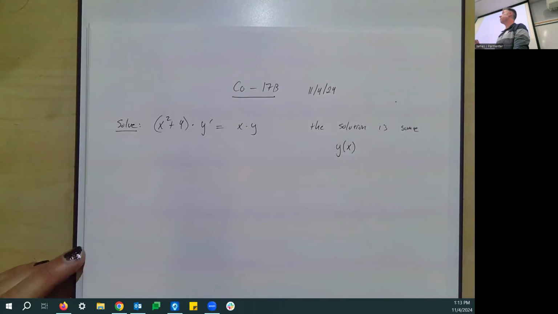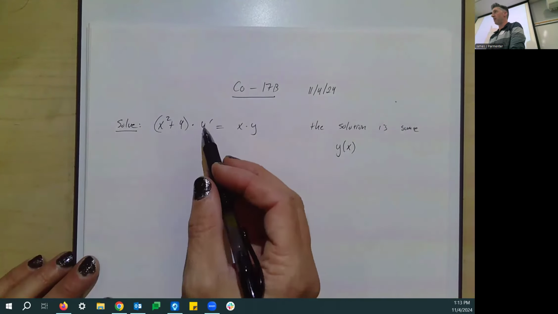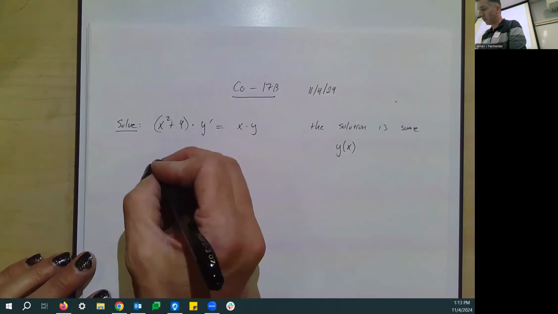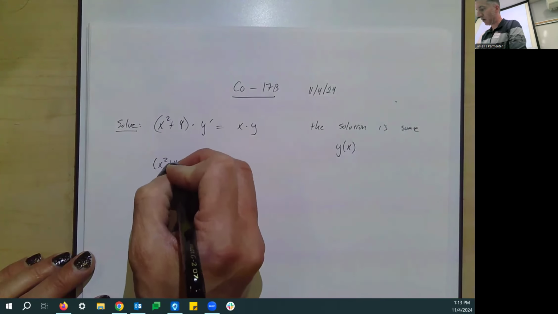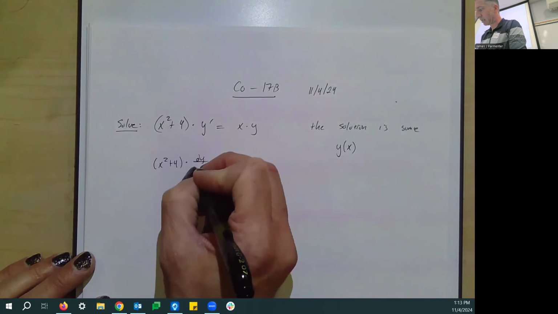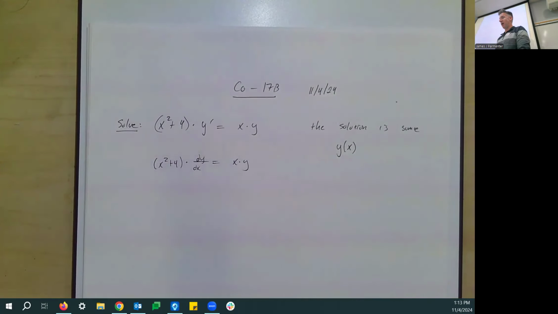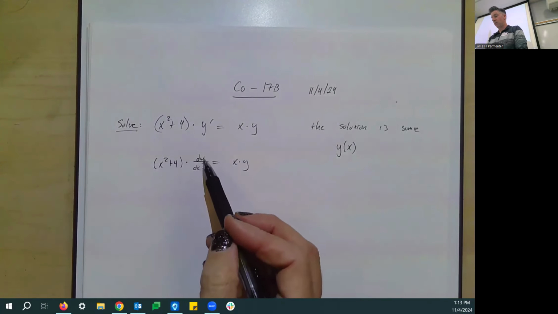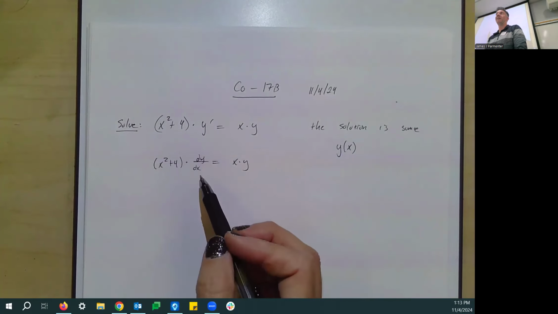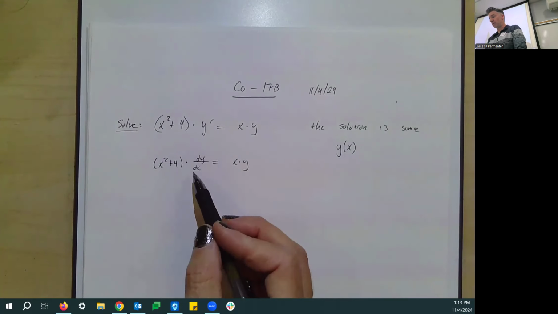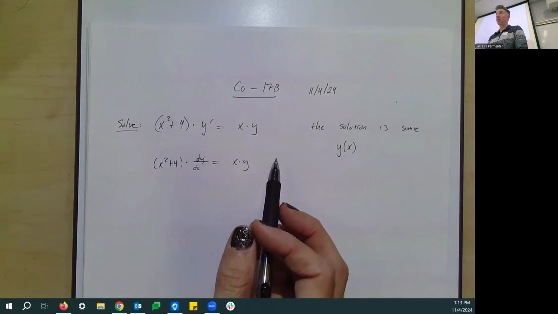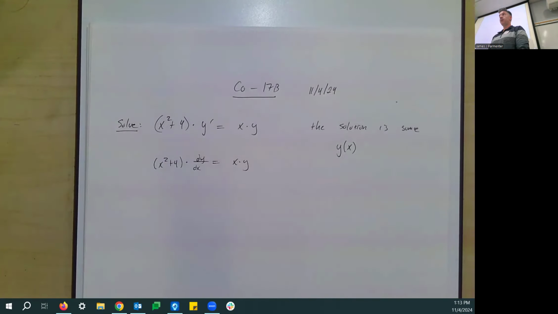Even if you're not thinking separation of variables, it's almost always better to write the derivative in Leibniz notation, meaning I should really write this as x squared plus 4 times dy dx equals x times y. Then I can easily see that I want my y's on the left side because dy is on top on the left, and my x's on the right side, so that when I multiply both sides by dx, dx isn't in the denominator. We don't want our differentials, dx or dy, anywhere other than the top.